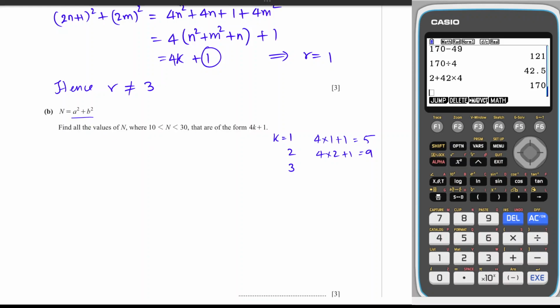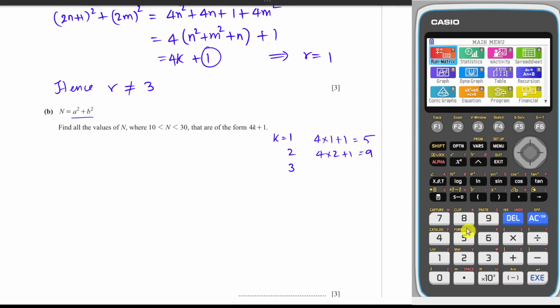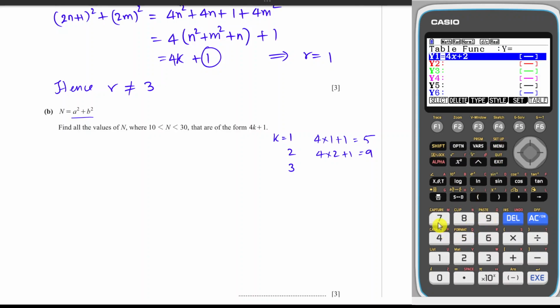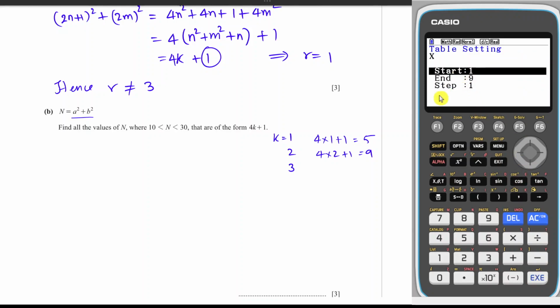So again, you can just try out the table over here. My formula is 4k plus 1 in this case. I'm going to start from k equal to 3, and let me end at, it should be up to 30.